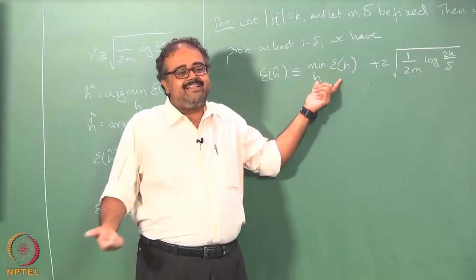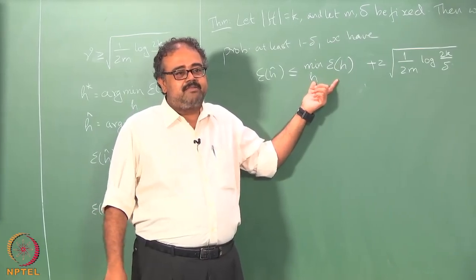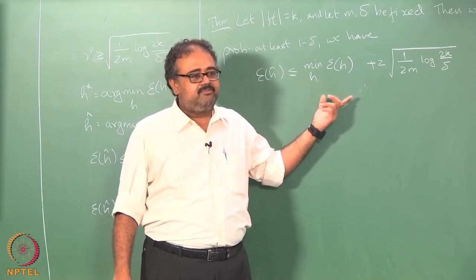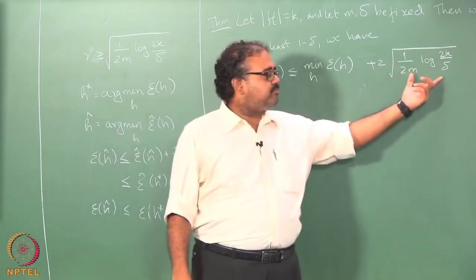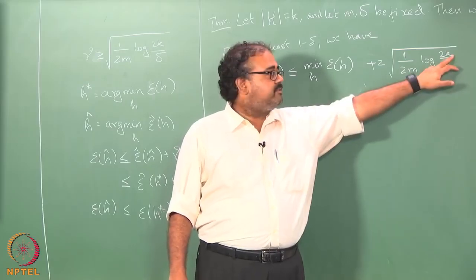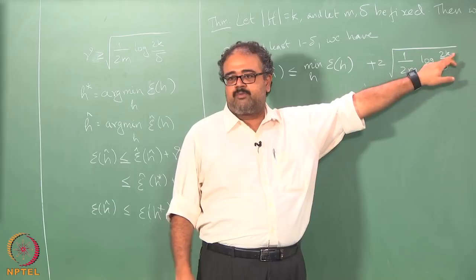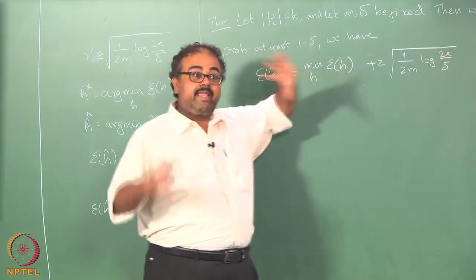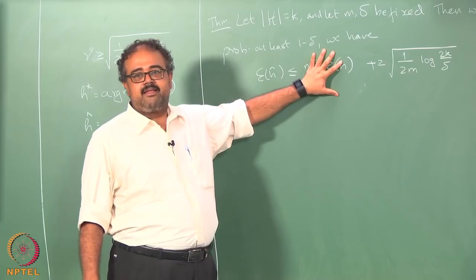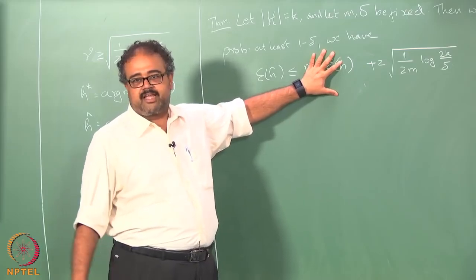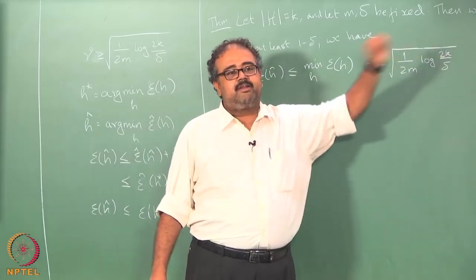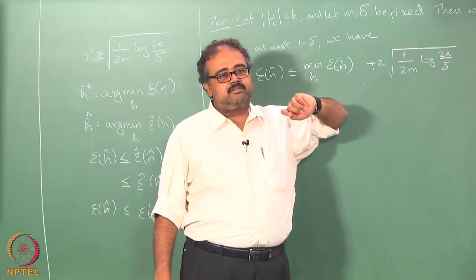So it is likely that the best solution I can find in this class itself will be bad if my class is small. But if my class is small, the second term is small. If k is large, then the likelihood of me finding a small error solution is high, but the number of samples I need will also become larger.